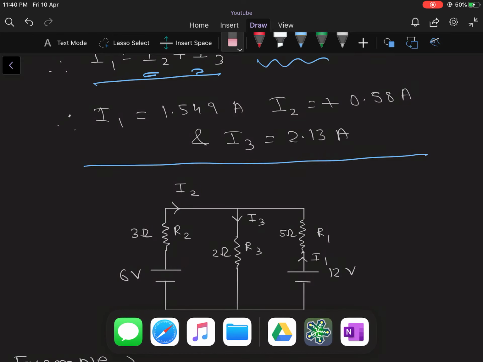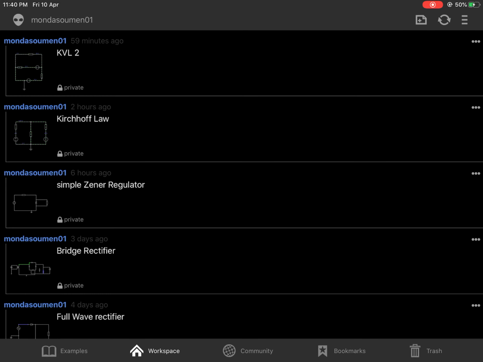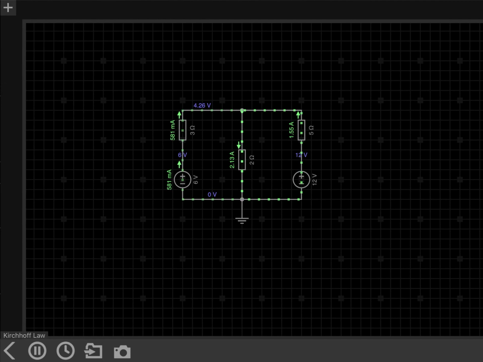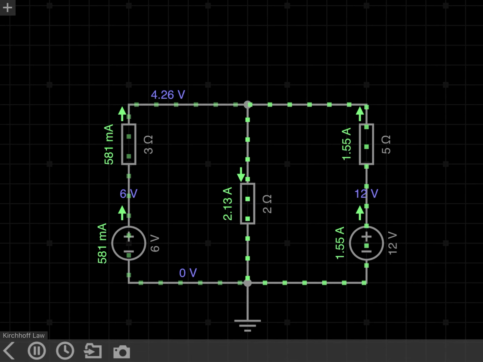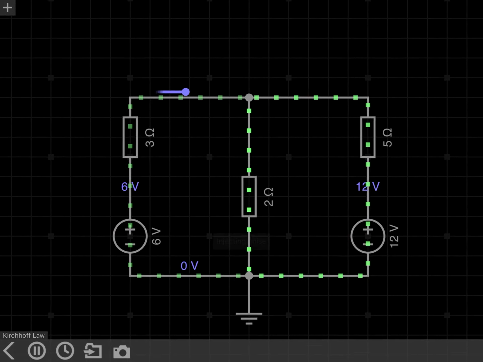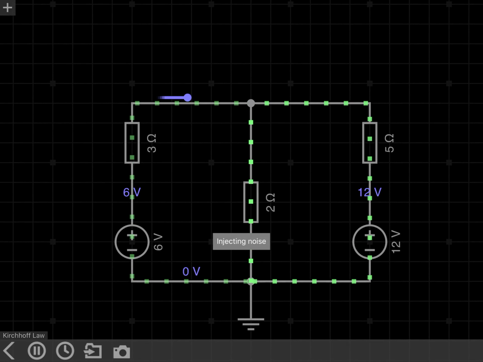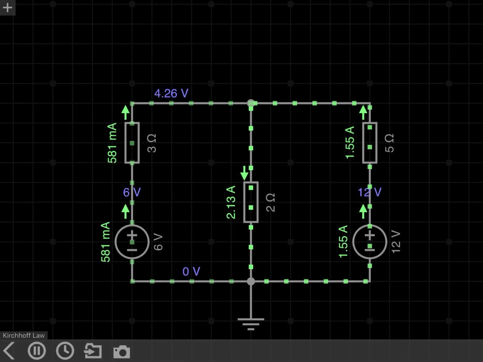We can see a simulation of this problem, which will give us a better idea. So here this circuit is actually the same circuit as our problem. So we can see I1 is 1.55 ampere and the direction of current is given here, above the 5 ohm.